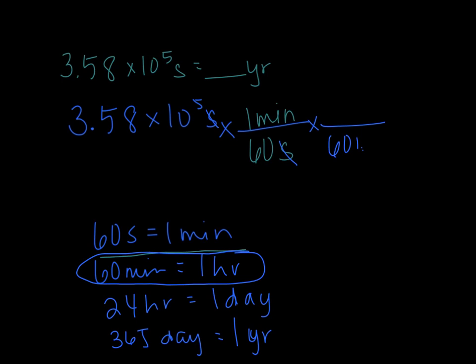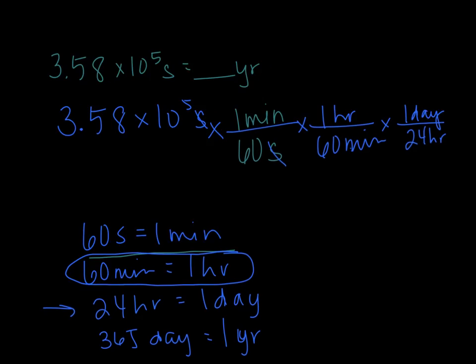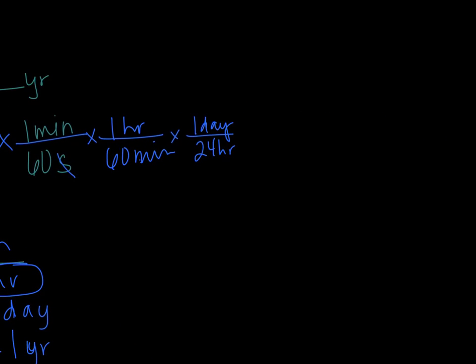So I've got 60 minutes in 1 hour. And then next, I'm going to use this one. There's 24 hours in 1 day. And then I'm going to have 365 days in 1 year.